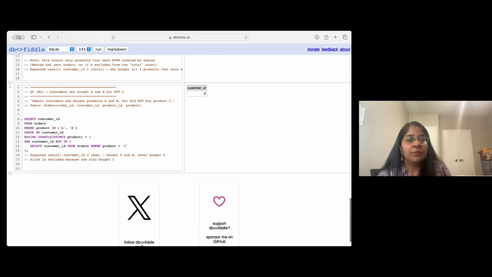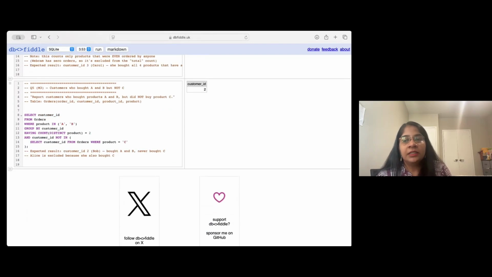Now finally, for the fifth question, this is a most likely asked question, and it's mostly of medium range in the LeetCode section of the SQL website.